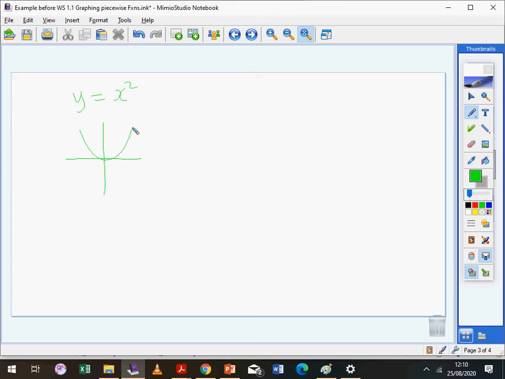And if you have y equals x squared plus 1, then that's the exact same graph, but shifted 1 unit up the y-axis. And if it was y equals x squared minus 1, it's the exact graph shifted 1 unit below the x-axis.